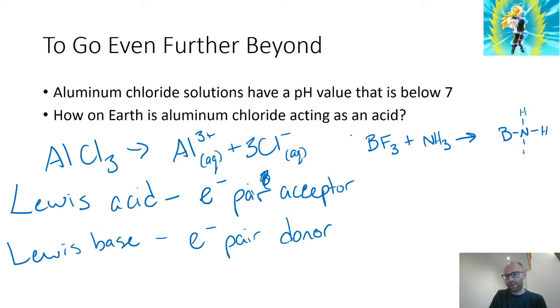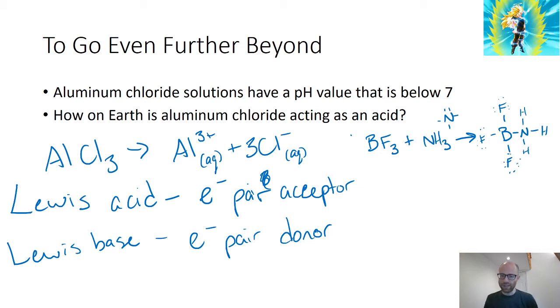And what ends up happening is nitrogen has a lone pair, and boron, being a group 13 element, only has 3 valence electrons as a neutral atom, which means there's an empty orbital that can pick up a pair of electrons.